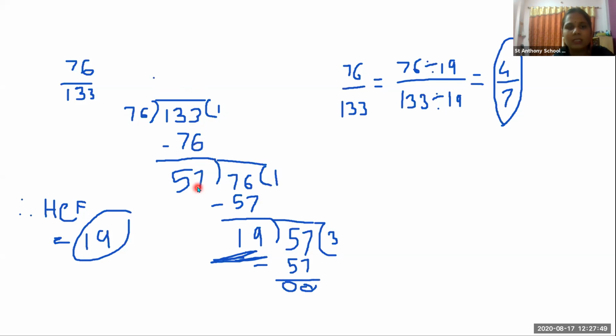So 13 minus 6 is 7. Again here it will come 57. Correct? Now this number I will take to this side. Now 57 again ones are 57. Now when I subtract this 57 from 76, I got the answer 19. Okay. Once I got the answer 19, I will take this number to this side.